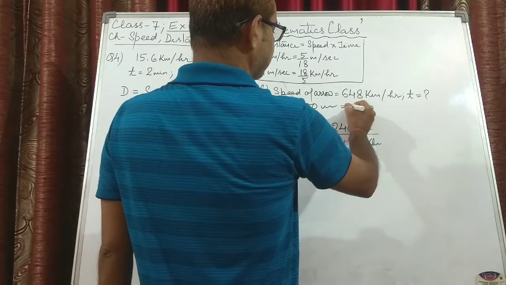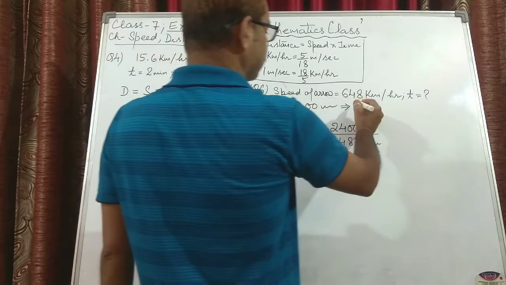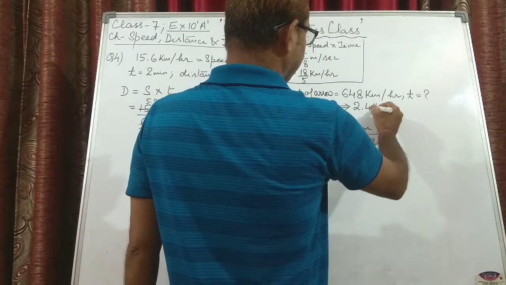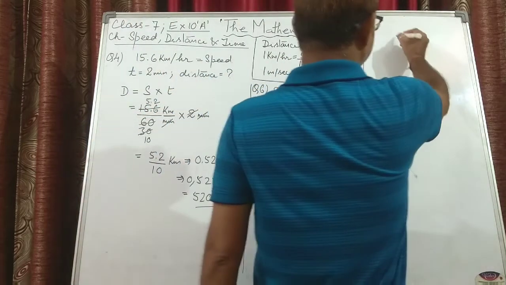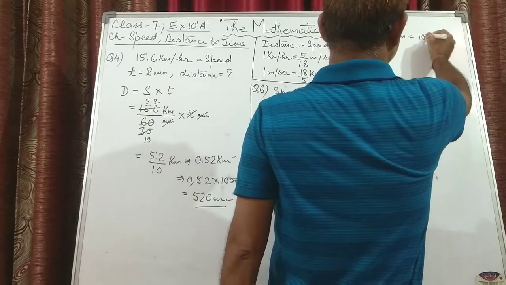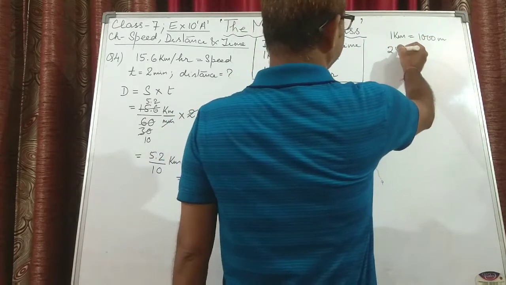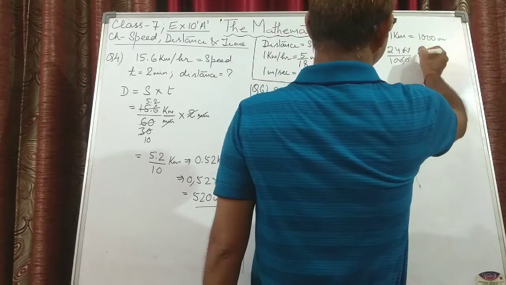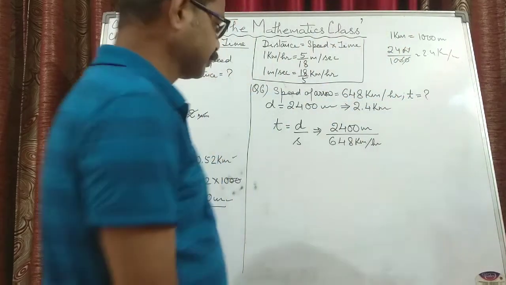So I'm converting 2400 meters to kilometers. That will become 2.4 kilometers, because we know that 1 kilometer is equal to 1000 meters. So 2400 was divided by 1000, and it became 2.4 kilometers.